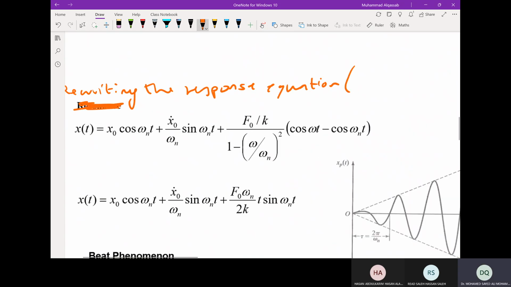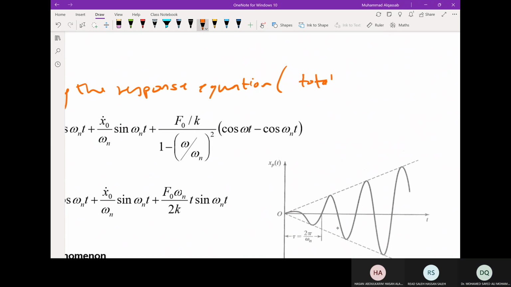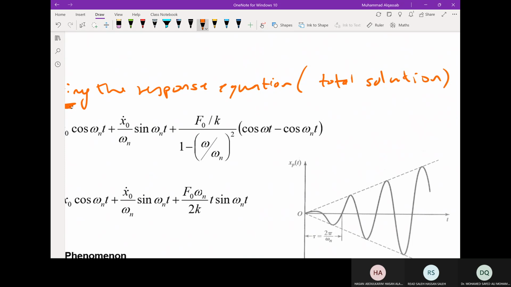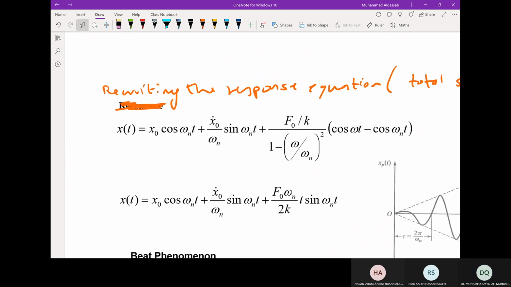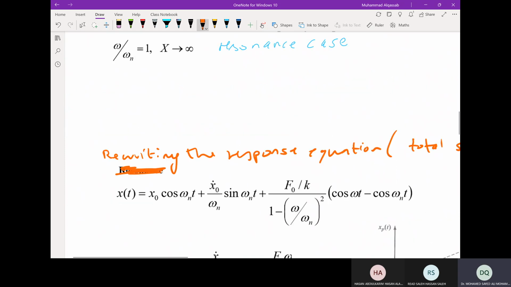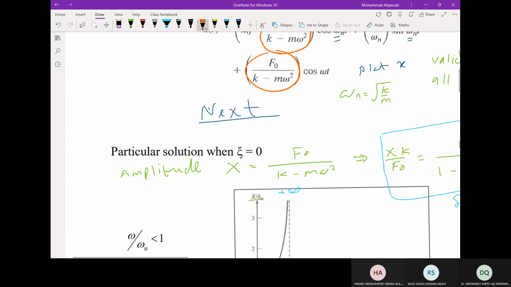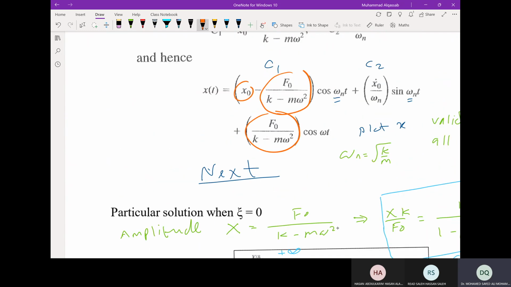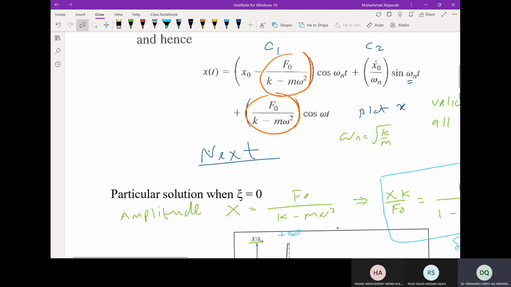Which is the total solution, but in this form. So x naught cosine omega n t is one term, and plus x0 dot over omega n sine omega n t is the second term.